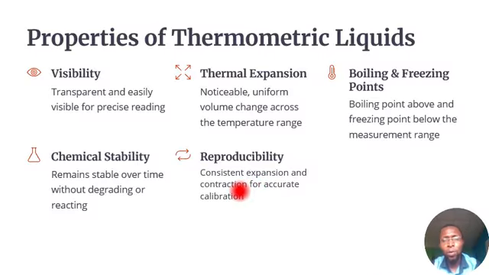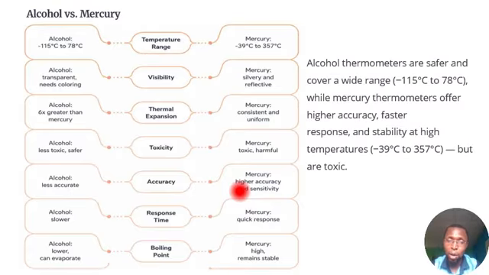So these are the properties of a thermometric liquid that we must consider before we can use any substance as a thermometric liquid. And we have mentioned that the substances considered over the years are mercury and alcohol or something like toluene. But the most commonly used is mercury.